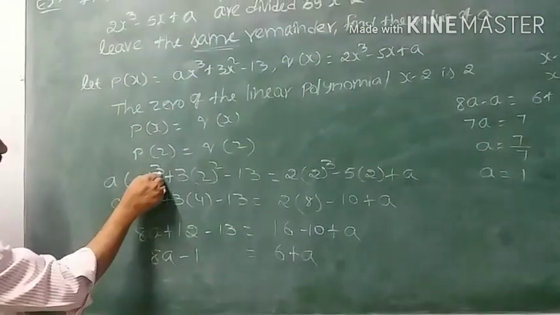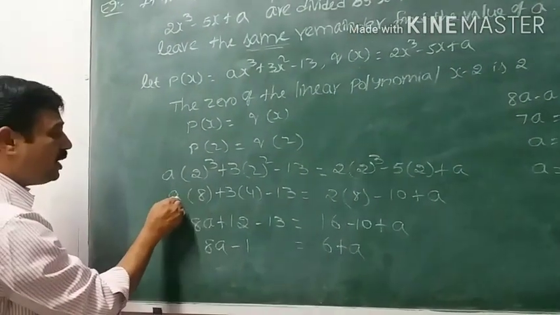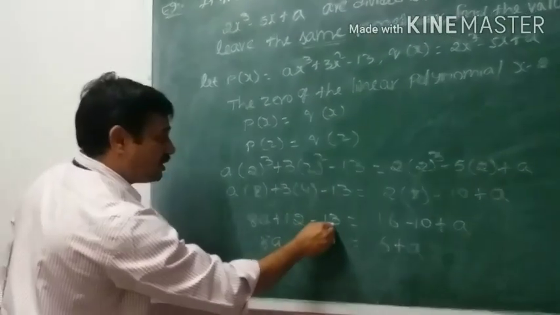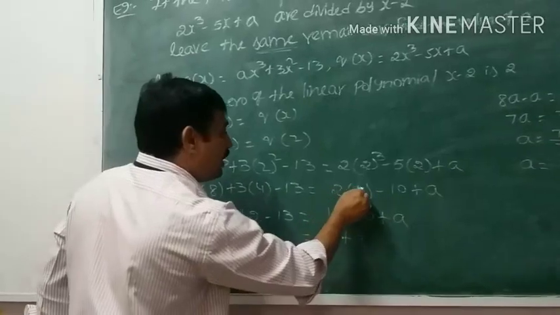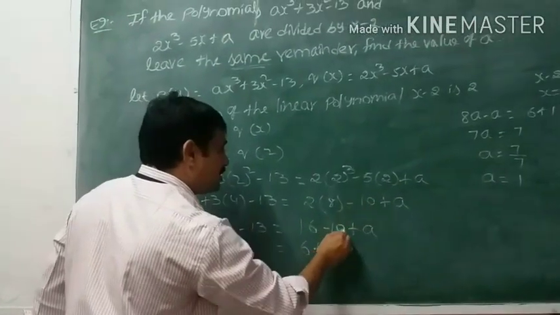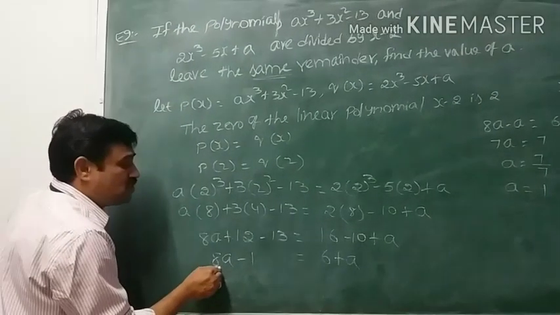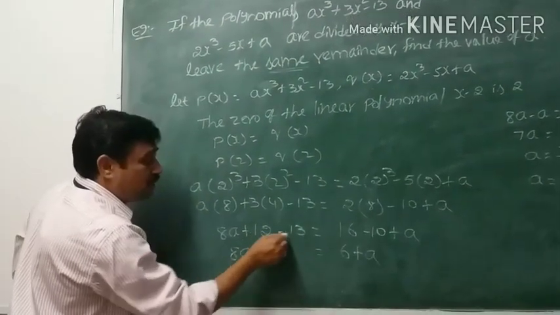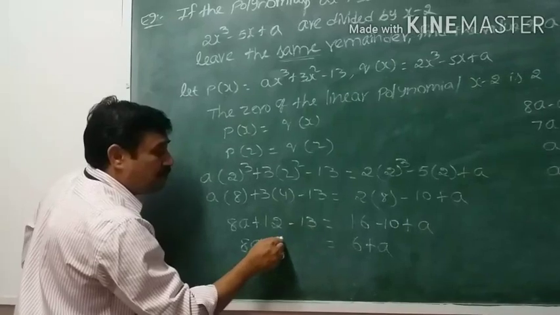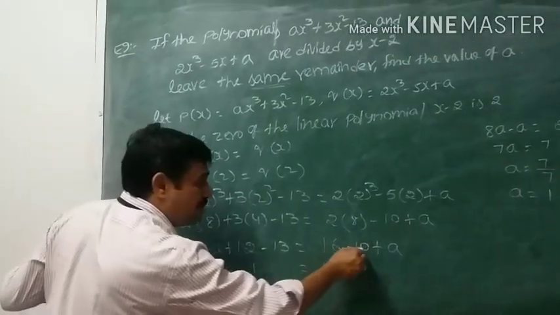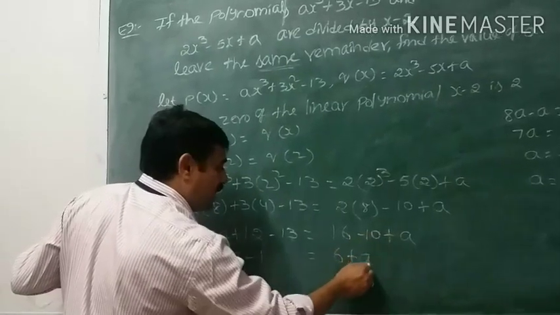Now 2 cube is 8, so 8a plus 3 into 4 is 12, minus 13, is equal to 2 into 8 is 16 minus 10 plus a. Write 8a as it is. Here 12 minus 13 gives minus 1, because the bigger number is in the minus, equal to 16 minus 10, which is 6 plus a.